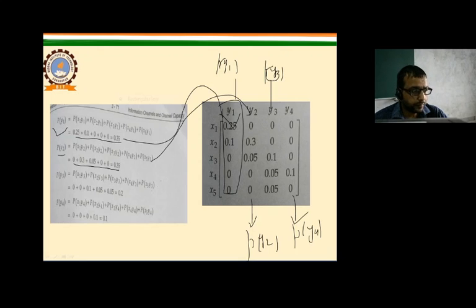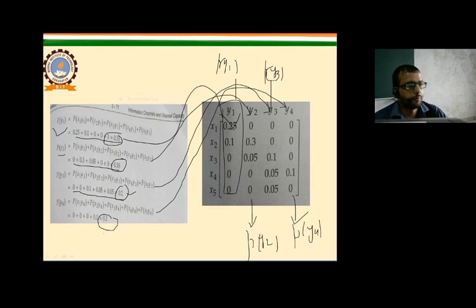Now for py3, compare with this column, 0 plus 0 plus 0.15, 0.05, 0.05, we get 0.2. And for this column, there is only one non-zero element, so we get 0.1. Means here there are four probabilities: 0.35, 0.35, 0.2 and 0.1. Okay, these are the output probabilities.